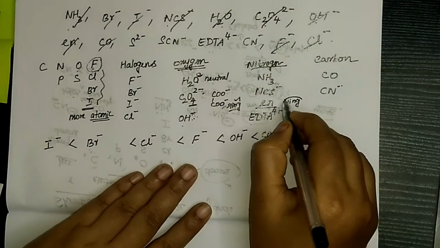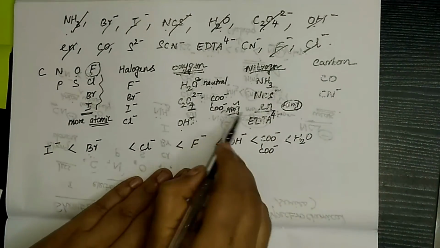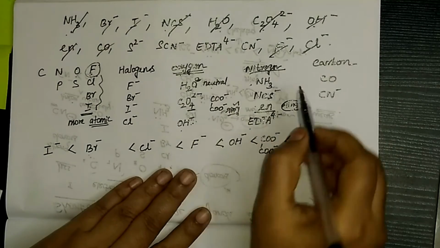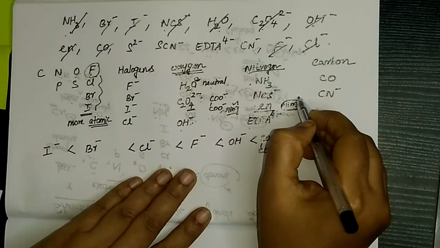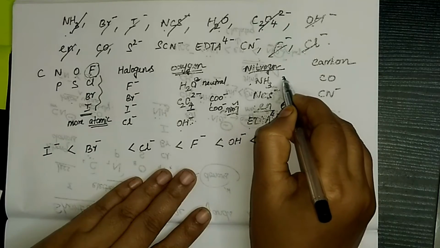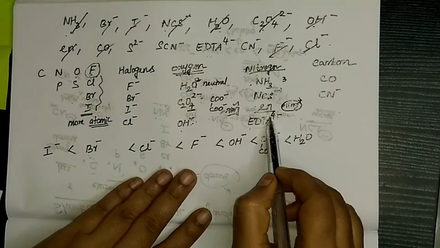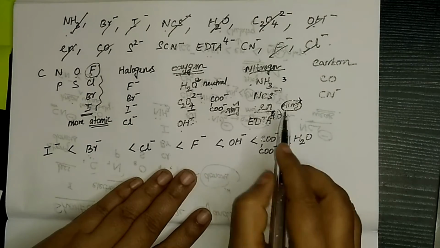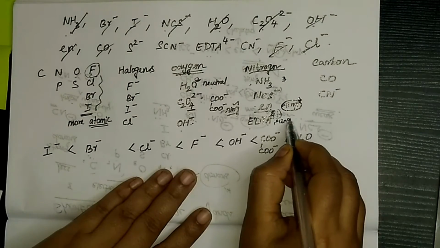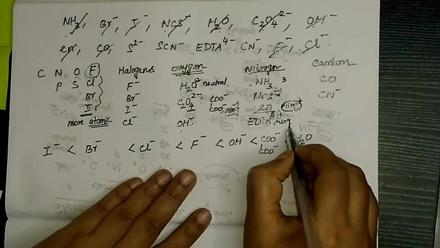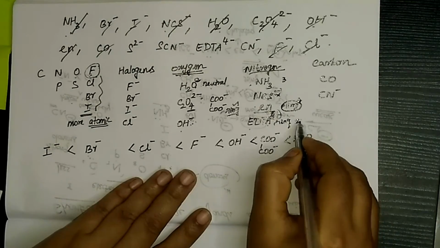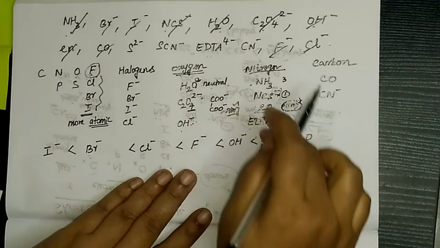So this will be the strongest. And then it is a lone pair, and next comes, this is the strongest. So I am giving 4 and this is 3. This is the next strongest. Then comparing the negative charge and negative charge, this forms a ring. And this does not form a ring. So next stronger will be this one, and this is the weaker in the nitrogen.